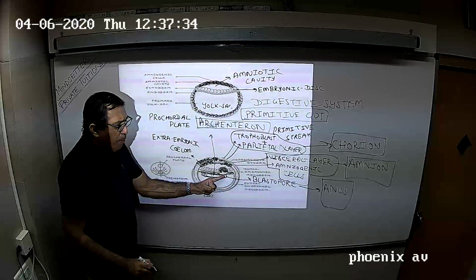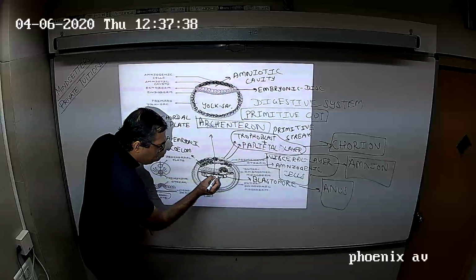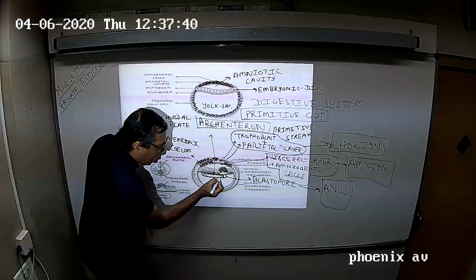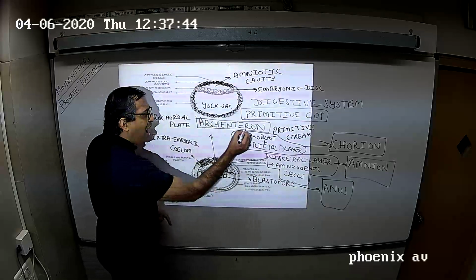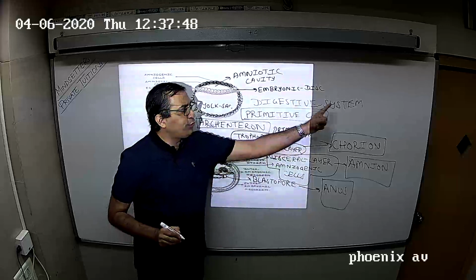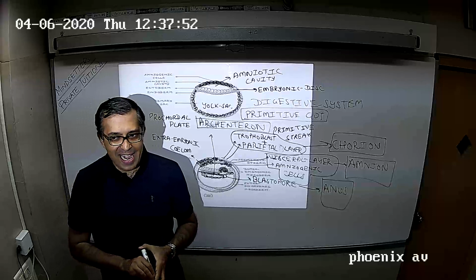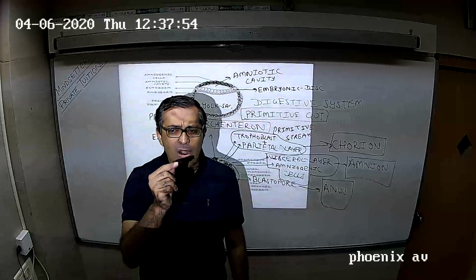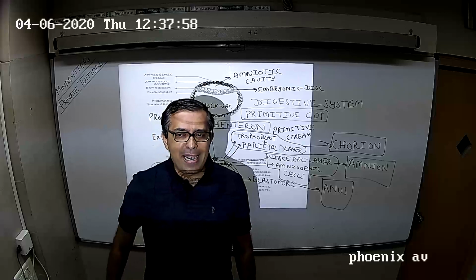तो blastopore से बनेगा future anus, and then the endoderm cells surround it to form a cavity which is called the archenteron or the primitive gut, which forms the future digestive system. So we ended with a very important question, which is the first system of a baby to develop.